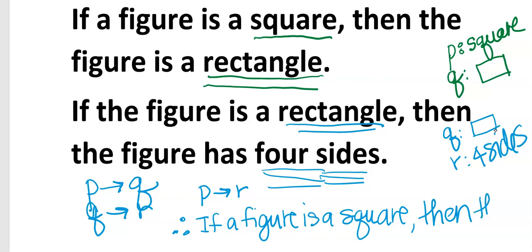Then the figure, or you can say it, has 4 sides. Okay, so pick it apart and make sure that you use just a single word if you can. Just the idea will help you decide what it's supposed to be.